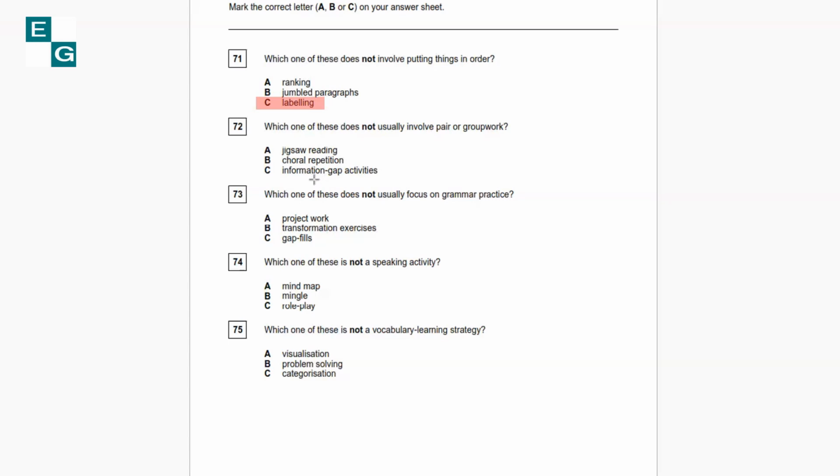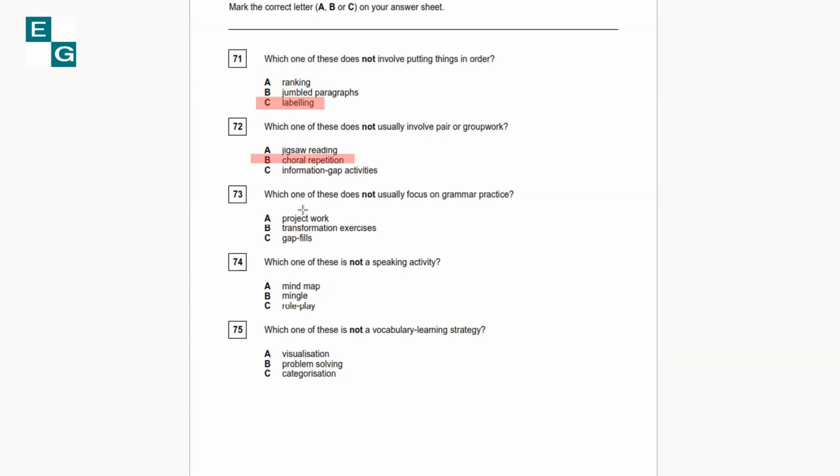So it does involve pair or group work. Choral repetition is just the whole class repeating after you, but they're not working together. They are just repeating. In information gap activities, they do have to work together. They have to walk around asking questions.